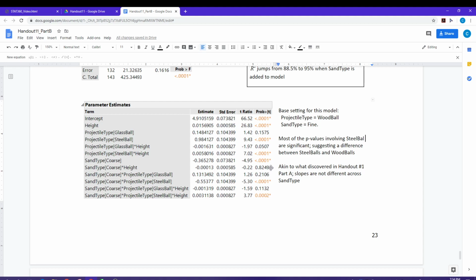That was what we saw in Handout 11 Part A as well. So even in this more complicated model, certainly some of the p-values are going to change, excuse me, but you're going to have similar trends in this more complicated model compared to the one that we looked at earlier.